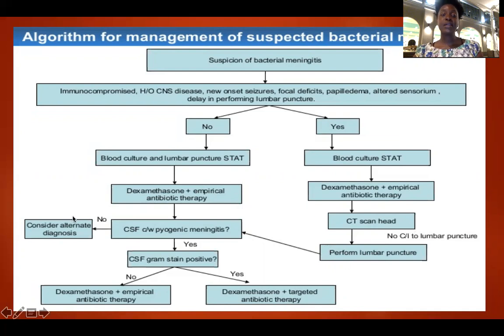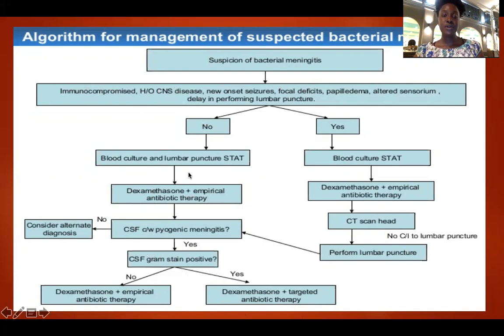If this LP is consistent with pyogenic meningitis and the Gram stain is positive, the patient is continued on the same therapy. However, if the patient is not positive for any of these on the top, a blood culture and a lumbar puncture is then performed.